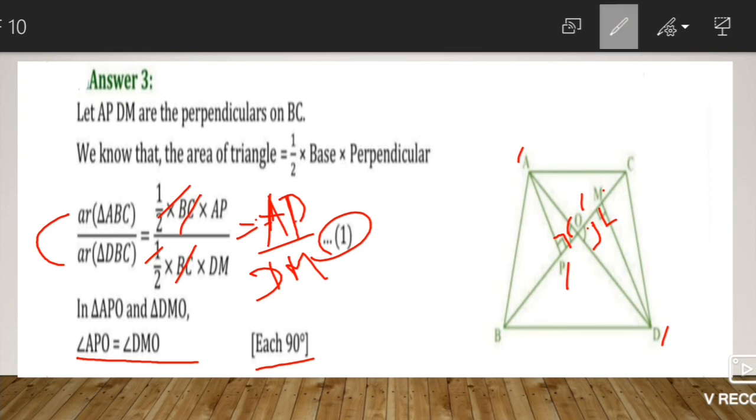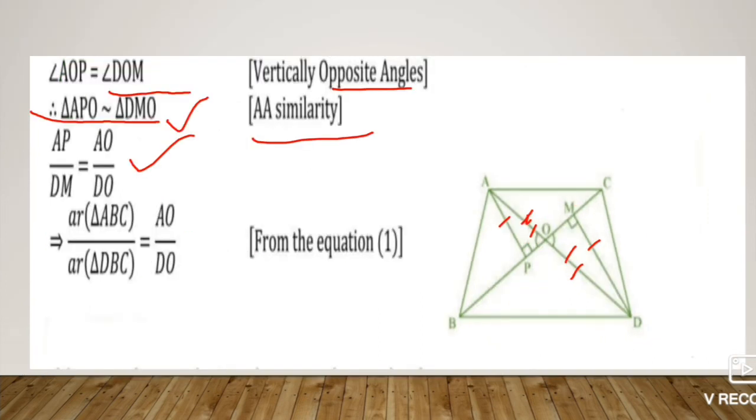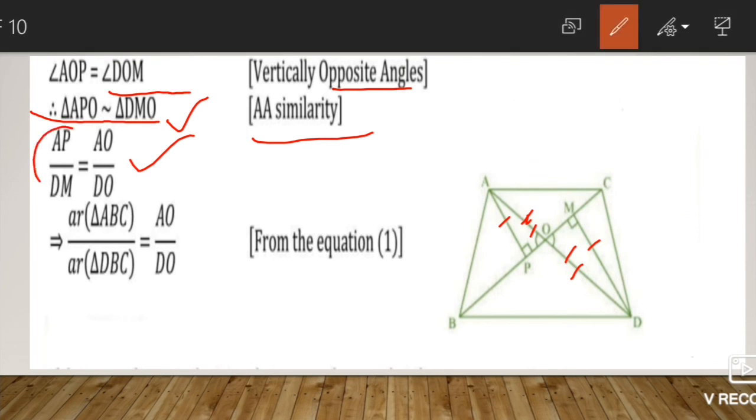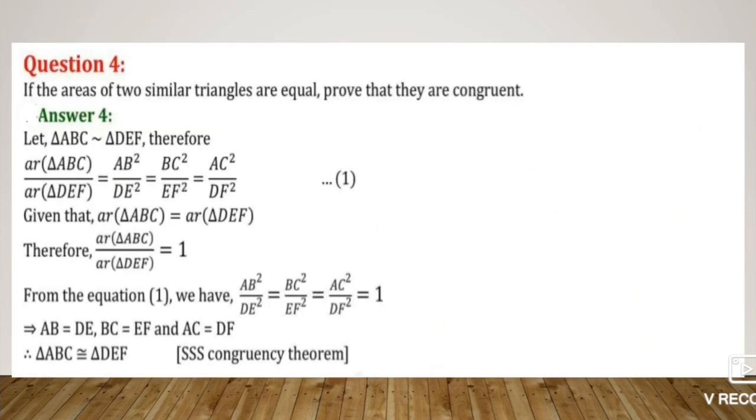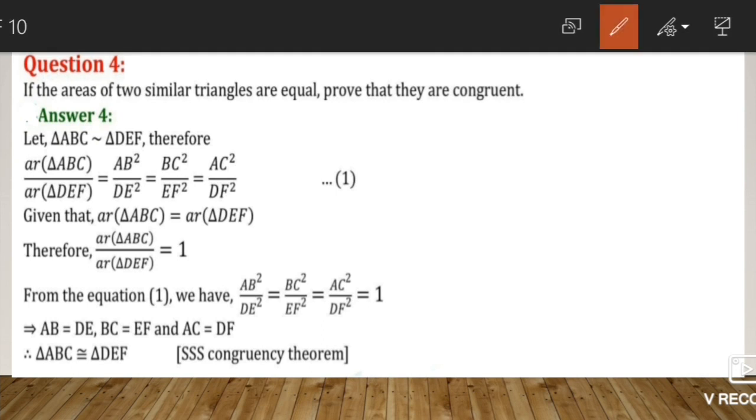Now here you have proved that AP by DM is equal to AO by DO. So from equation number 1, in place of AP by DM, you can use AO by DO. That means area of triangle ABC by area of triangle DBC is equal to AO by DO. In this way you have to solve this problem.